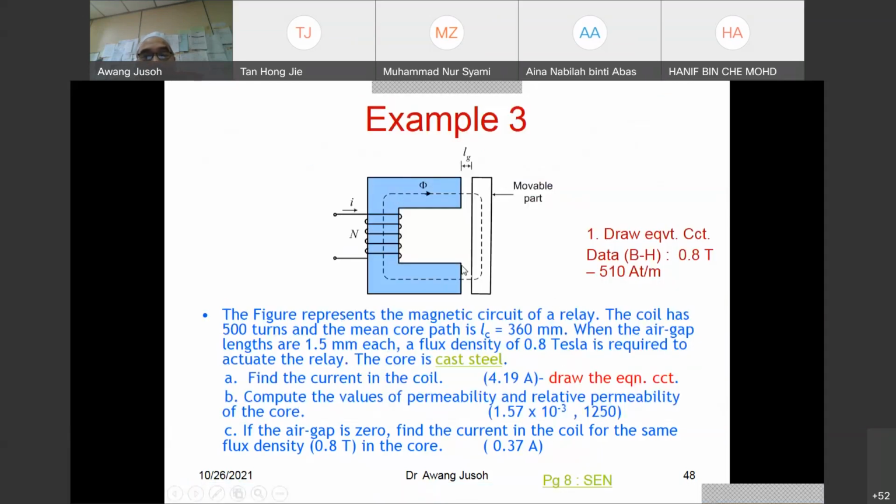So the most important thing from this physical circuit: change to the equivalent circuit first. This is a very important thing. And then from the equivalent circuit, we can use Kirchhoff's laws and so on, depending on the structure. This structure gives you Kirchhoff's voltage law only, because it is a series structure.